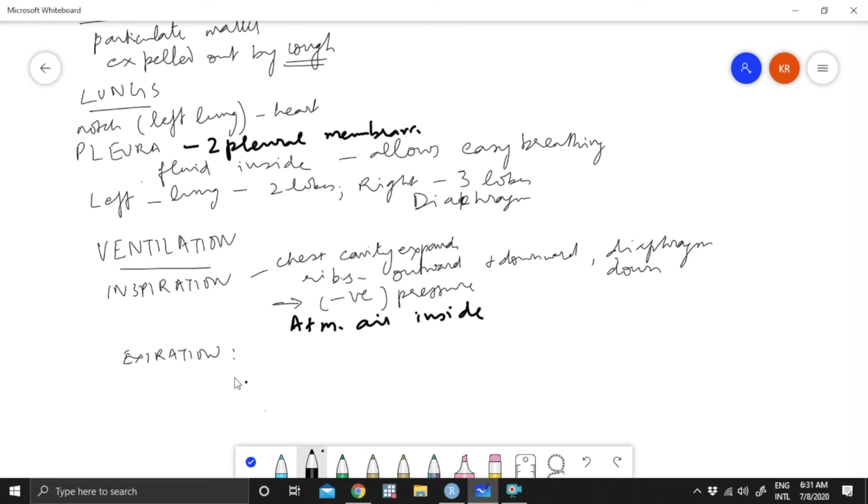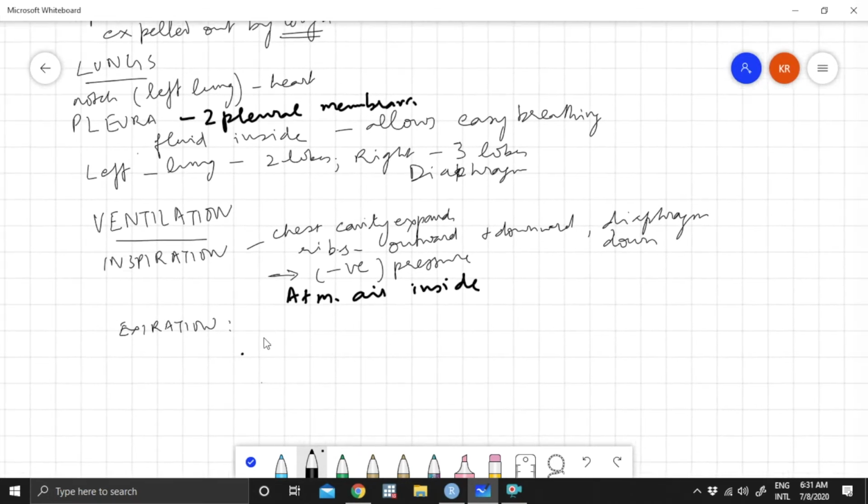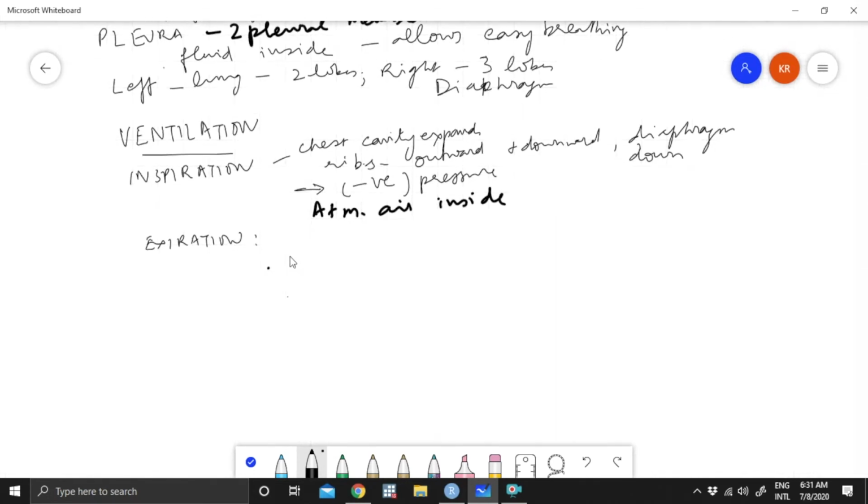Now, although these words are not mentioned here, the expiration is release of air from lungs to outside, release of spent air.